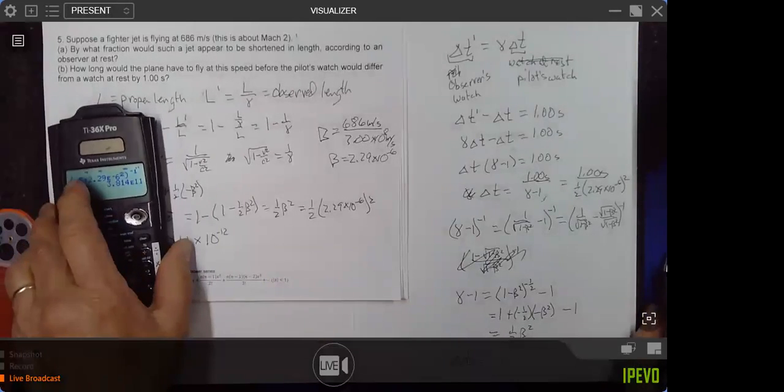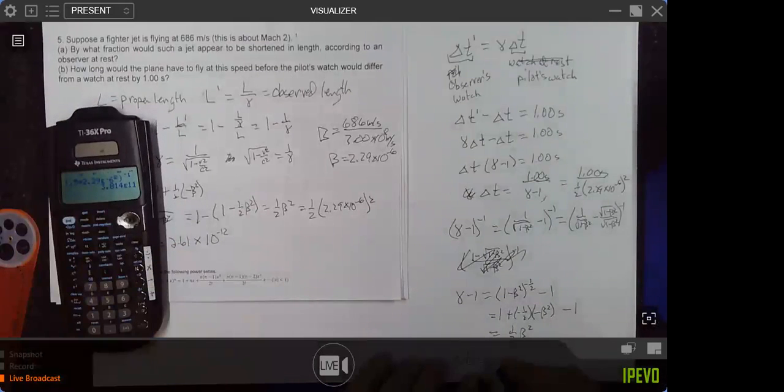Okay, I think I get about 3.81 times 10 to the 11th seconds. Let's see. Just for an approximation, 1 year is about 3.16 times 10 to the 7th seconds.